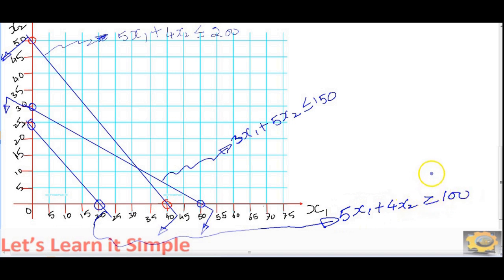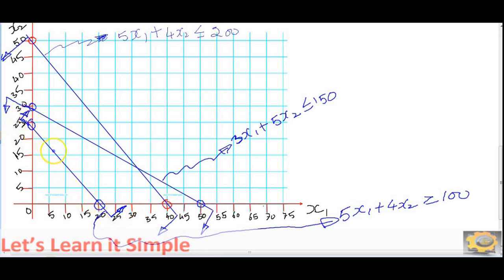So keep in mind, here we have greater than or equal to symbol. Okay. So this is different from the first two constraints. If the constraint has greater than or equal to symbol, which means along the line we need to look for the solution away from the origin, like this.